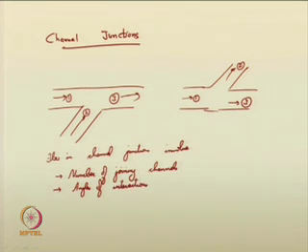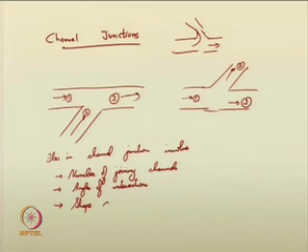You may see that some channels may come like this and may go like this also in some portions. Some quantity may go like this, some of the quantity may go like that. It can happen in nature. So, the angles of interaction also play a significant role.